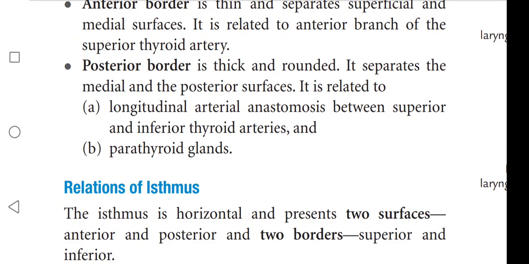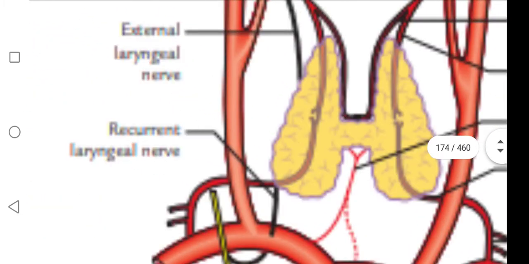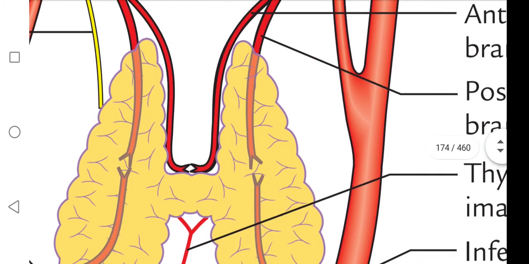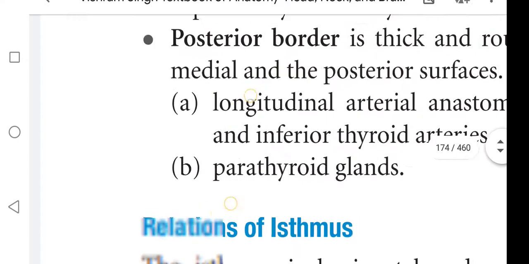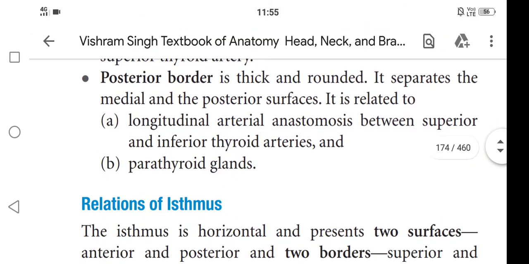It is thick, rounded, and separates the medial and posterior surfaces. It is related to the longitudinal arterial anastomosis between the superior and inferior thyroid arteries. This is the anastomosis, okay. It is related to the parathyroid glands.